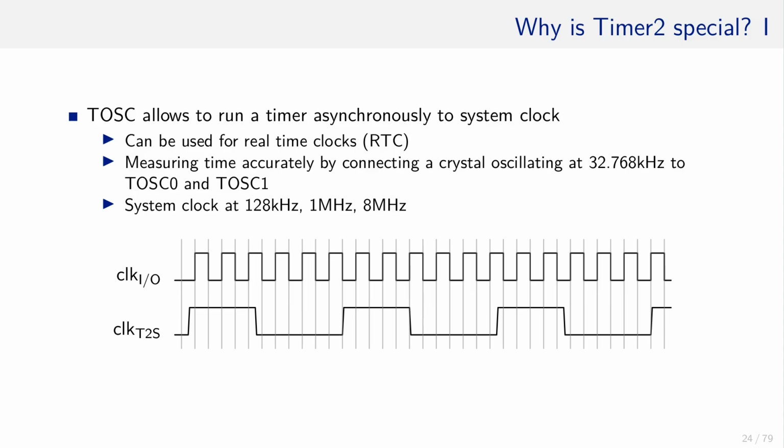Consider a specific scenario. The system clock usually runs at 128 kHz, 1 or 8 MHz if TOSC1 and 2 are used. Connecting a crystal that swings at a frequency of 32.768 kHz means that timer 2 will increment 32,768 times per second. That means that this timer can be used as a real-time clock.